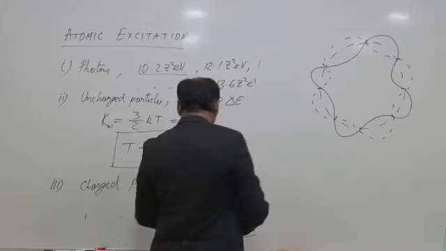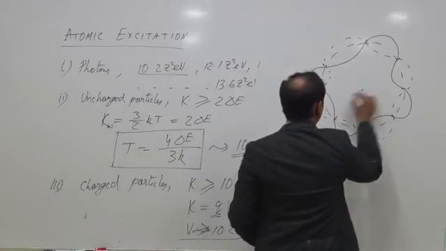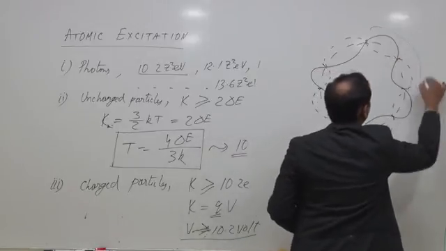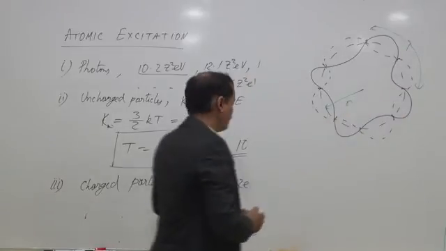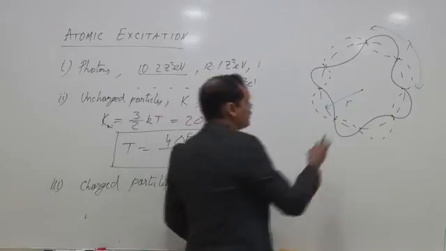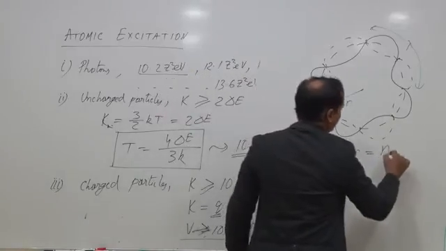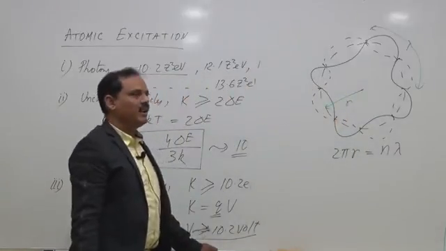If r is the radius of the loop and lambda is the wavelength, then for stationary waves in a circular loop, the circumference 2 pi r has to be an integral multiple of wavelength. 2 pi r is equal to n lambda.